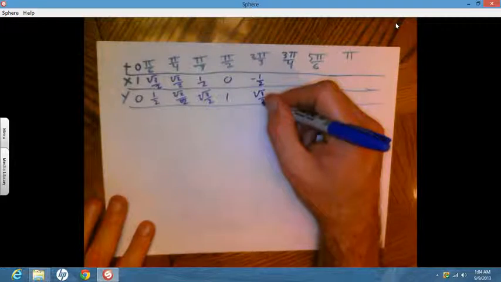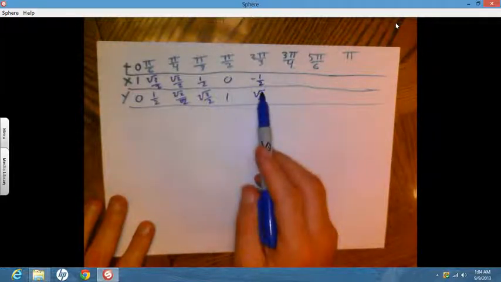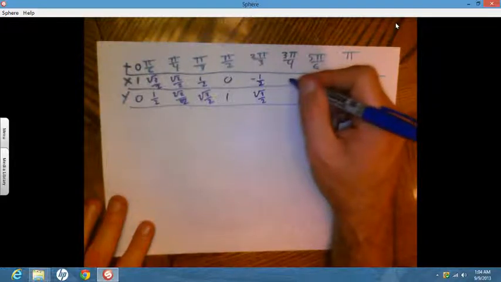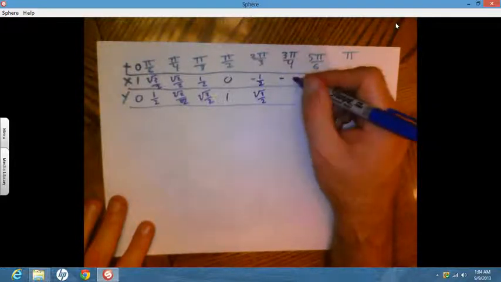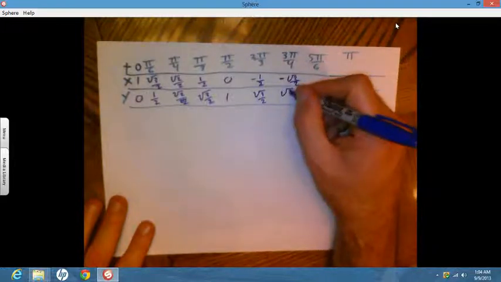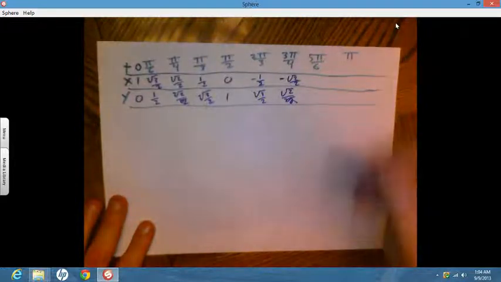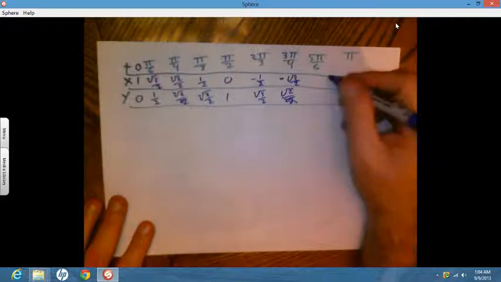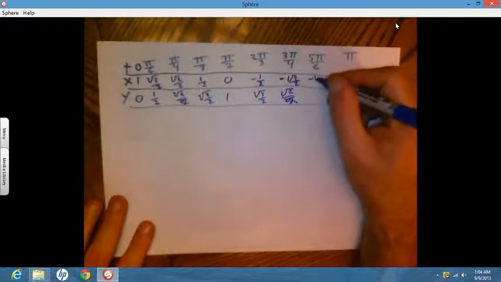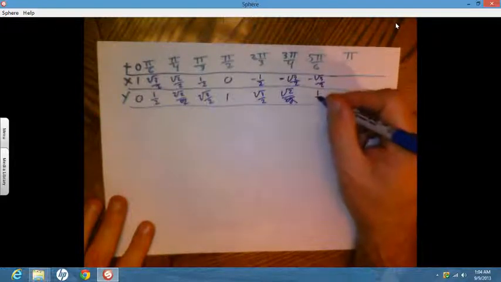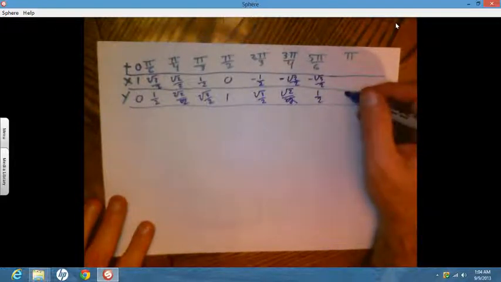The next one is going to be negative square root of 2 over 2 and square root of 2 over 2. Sorry, that should be a 2 on the bottom. And then 5 pi over 6 is going to be negative square root of 3 over 2 and 1/2. And we eventually reach pi, and if we're on the negative x-axis now, x is going to be negative 1, and y is going to be 0.